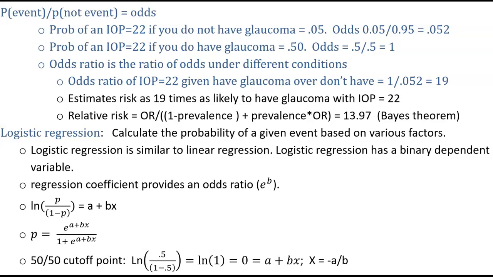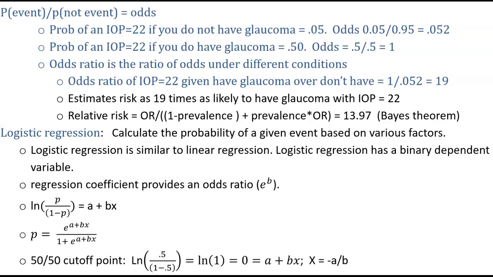That means that if you have an IOP of 22, you're 19 times as likely to have glaucoma as not. We're going to explore this a little later. So our estimated risk is 19 times as likely.